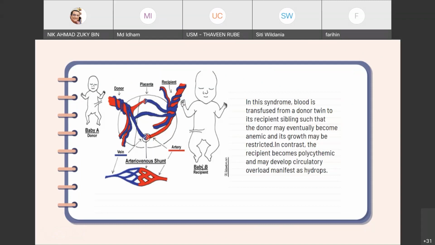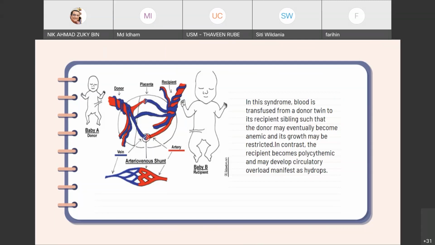This will lead to progressive emptying of its amniotic sac until the donor becomes stuck, wrapped in its own membrane, while the recipient does the opposite. So the donor will become oligohydramnios, while baby B will become polyhydramnios.